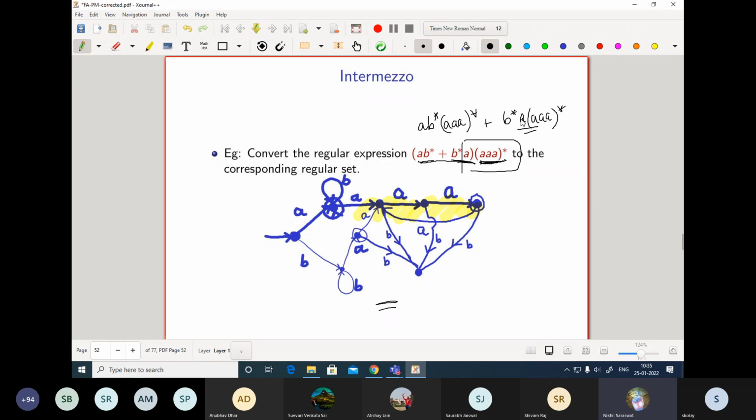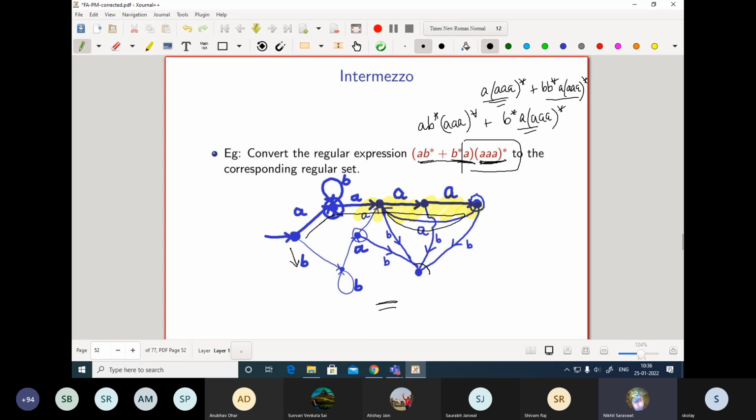Now B star A can also be written as AAA whole star plus B star AAA whole star. Notice that AAA whole star is also taken care of in this branch using these edges. B star AAA whole star is taken care of when you start from this region.